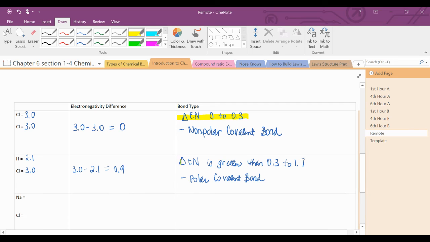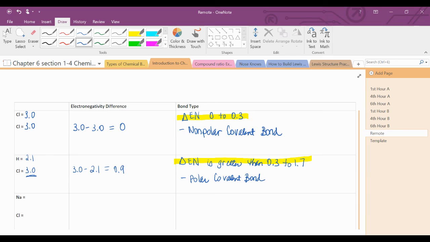Okay, so again, you're responsible for knowing these electronegativity difference categories. All right, so if I look back, chlorine is the more electronegative element. It's going to be pulling those electrons toward it. So that's why there's that unequal sharing of electrons.